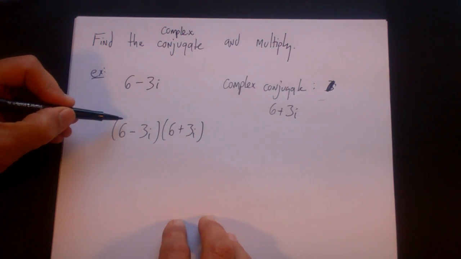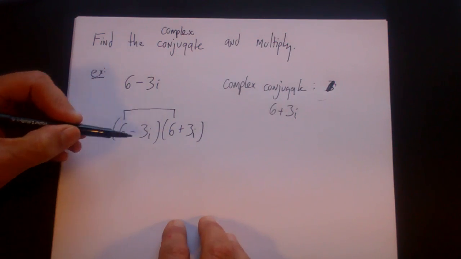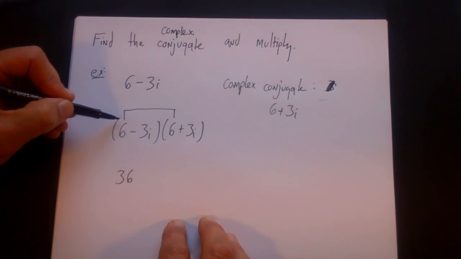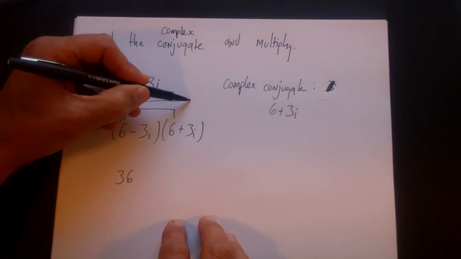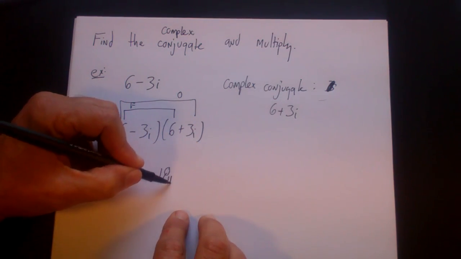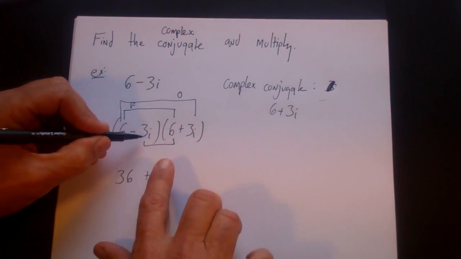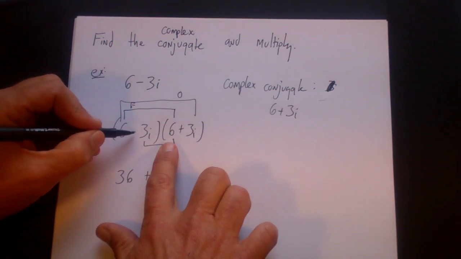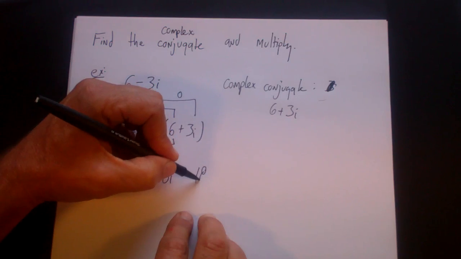Then you have a FOIL problem. So you go first times first. 6 times 6 is 36. That's the F. Then you have O. Outside, 6 times 3i would be an 18i. And then an I. 3i times 6, but it's a negative 3i times 6, is a minus 18i.